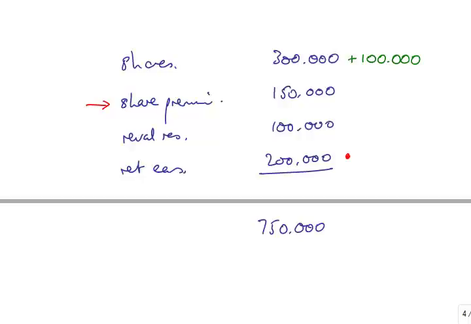I don't need it, because I'm going to deduct it from there. You'll notice I've not affected the revaluation reserve or the retained earnings. And so the net assets of this company are now 750.